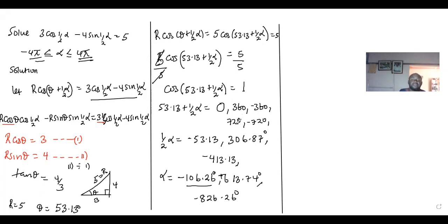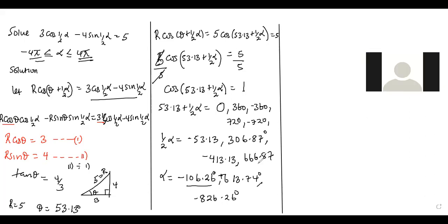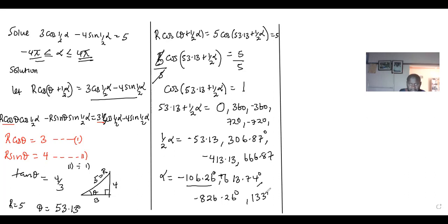You get 666.87. When you multiply it by 2, you get 1,333.74. This is beyond. So the only options we have are these two.